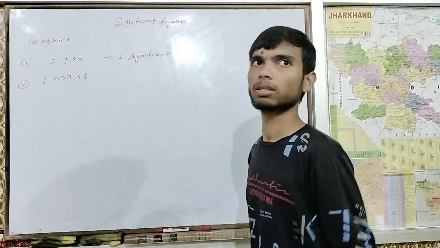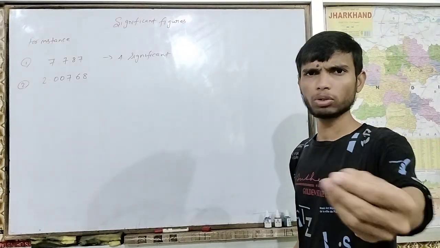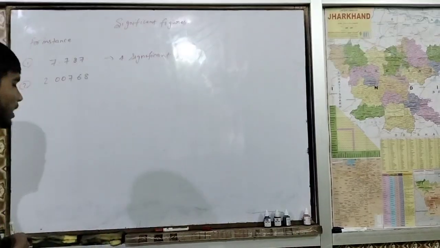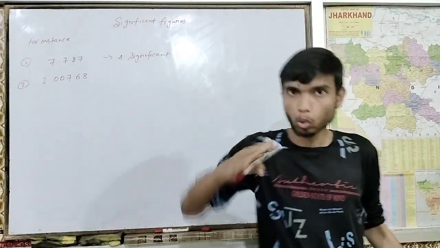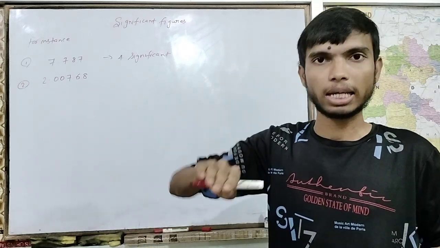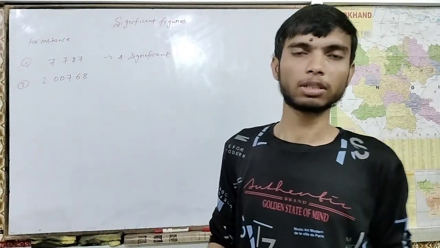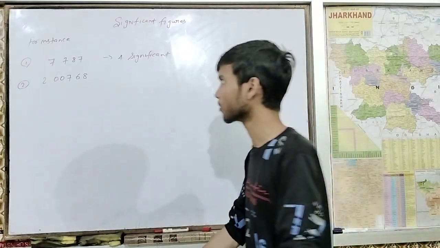There are 2 points you need to keep in mind. If zeros are coming between two significant numbers, then that 0 will be counted as a significant number.